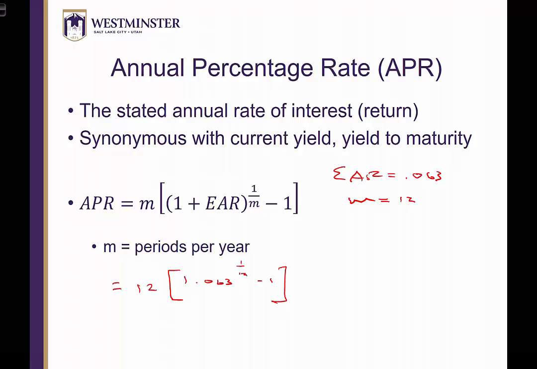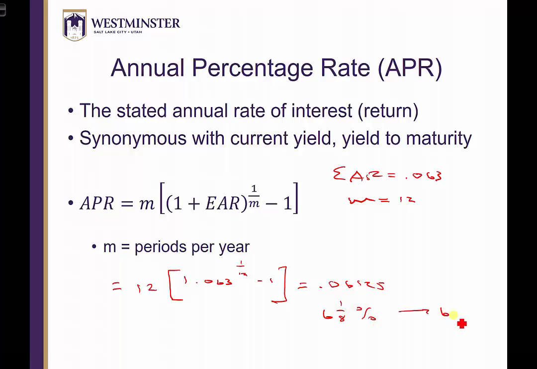And I'll say 1.063 to that power is 1.005. I will subtract 1 from that. Now that it's 0.005, I will multiply it by 12. And here I see that I actually had a rate of 0.06125, or you might recognize that as 6 1/8%.